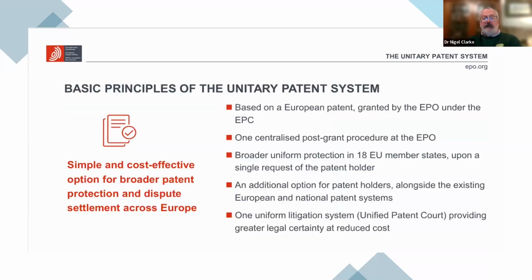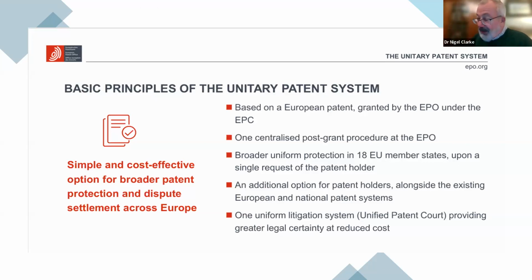So the basic principles of the Unitary Patent system were driven by the requirement for a simpler and more cost-effective option for patent protection and dispute resolution across Europe. The classic European patent system means that, for example, once your patent has entered the national phase or becomes national patents, any legal proceedings will take place nationally and individually.